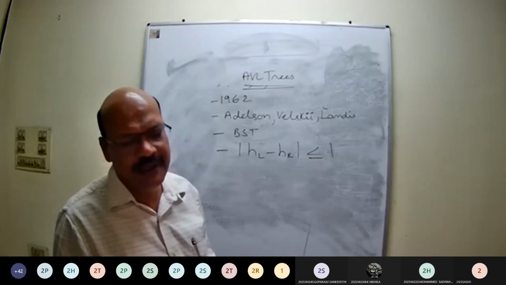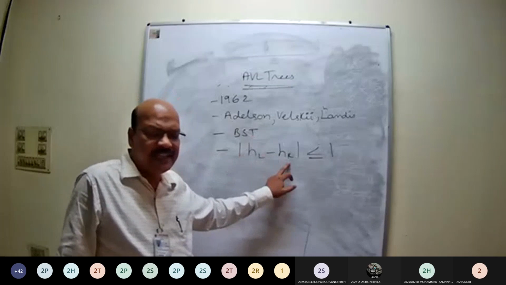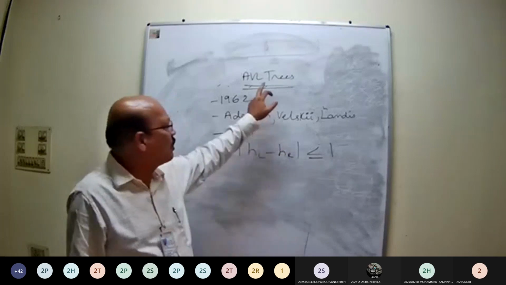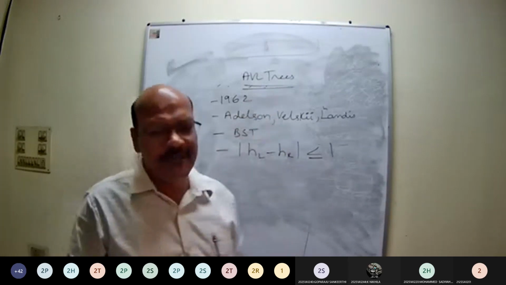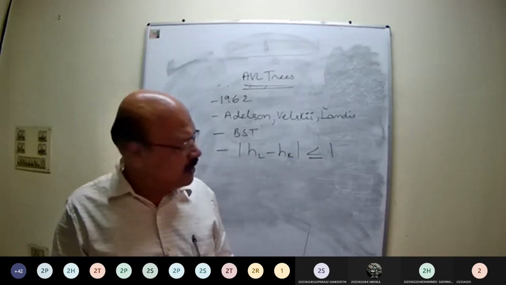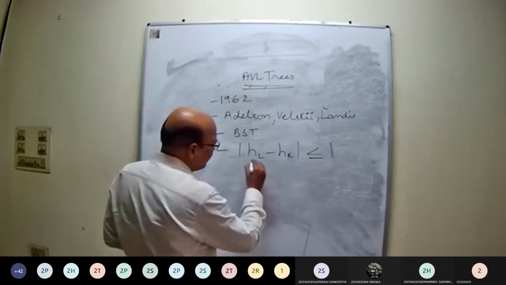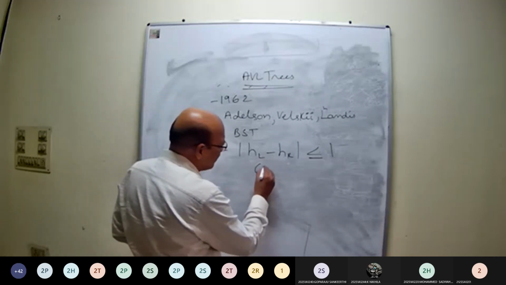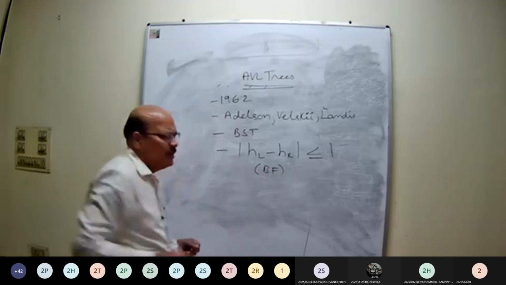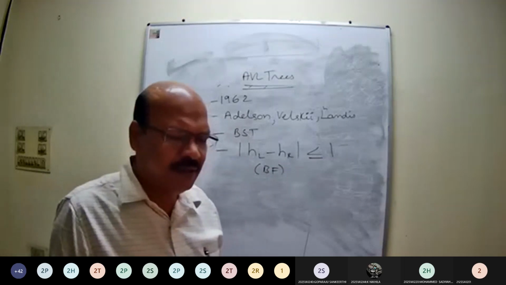HL represents the height of the left subtree and HR represents the height of the right subtree. So if a binary search tree satisfies this property, then it's called an AVL tree. I'll explain this about HL and HR in a moment. This difference, HL minus HR, is also known as the balance factor.